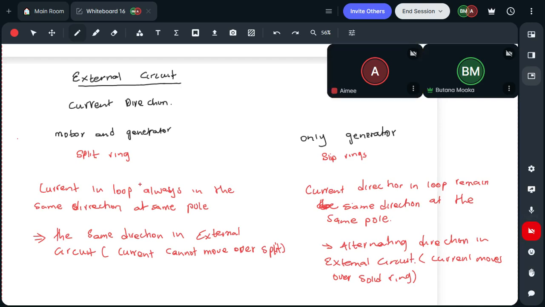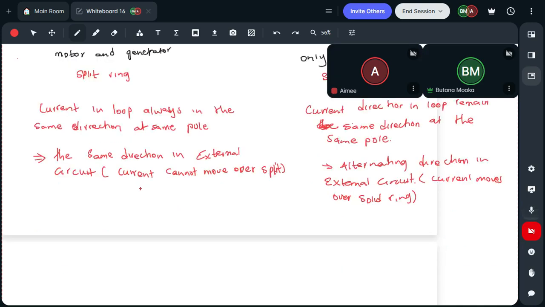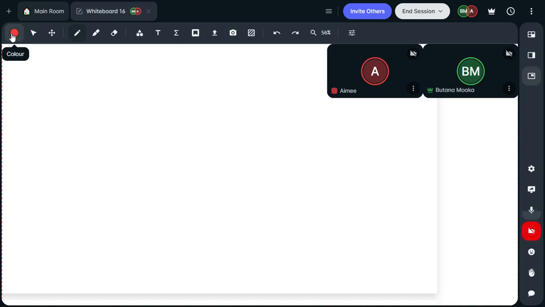Okay. So now I want us to discuss the current size, the size of the current. On the current size, just know that when it comes to motors, it remains the same.